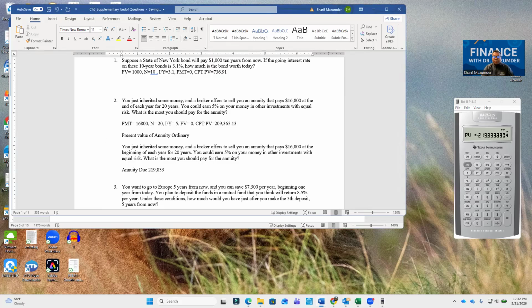Okay. So this is very important to remember. If you change your setting in your calculator, you need to change it back to the end mode or ordinary mode, because most of the problems are in the ordinary mode. Very few problems will be annuity due or beginning mode. So if you don't change the calculator mode back to ordinary annuity, your answer will be wrong.